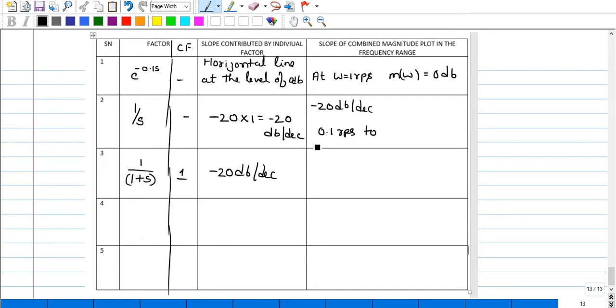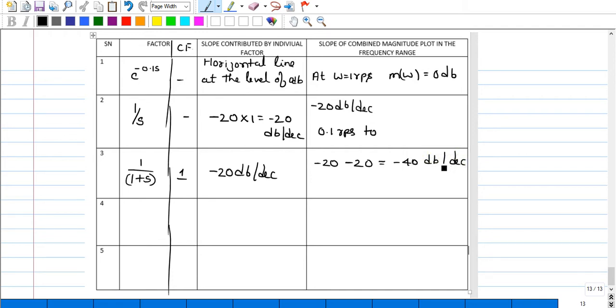So the combined slope will be minus 20. I need to combine the resultant slope from the second factor as well as the third factor, that is minus 20 minus 20, which yields minus 40 dB per decade.